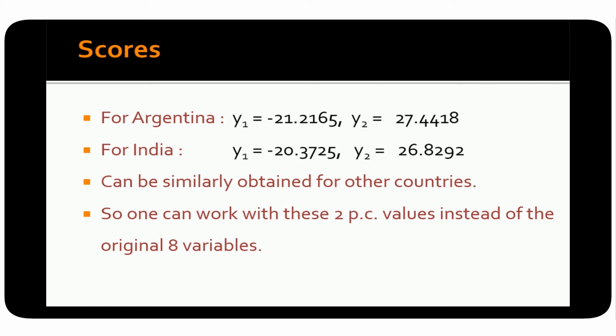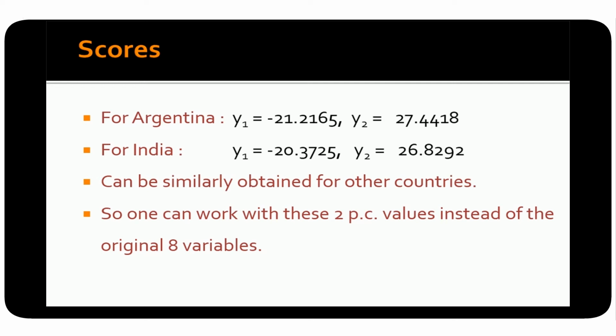We can do it for India also, where y1 would be minus 0.341 into 10.6 minus 0.346 into 21.42 and so on and so forth till minus 0.334 into 131.98. This would give us y1 for India.